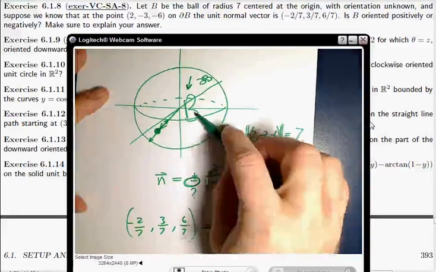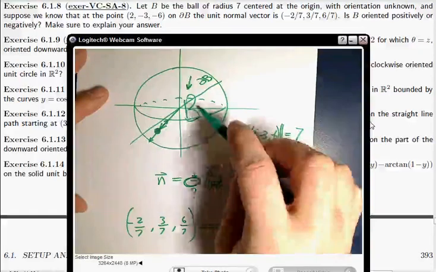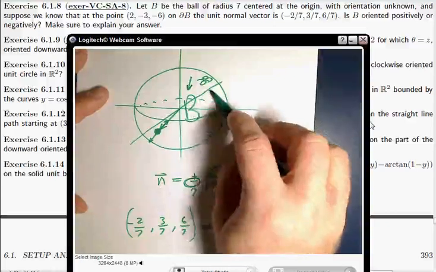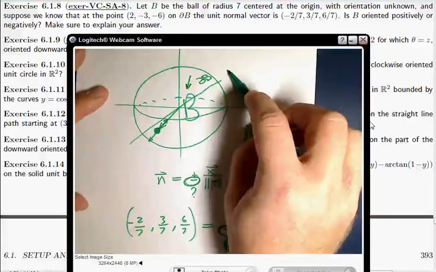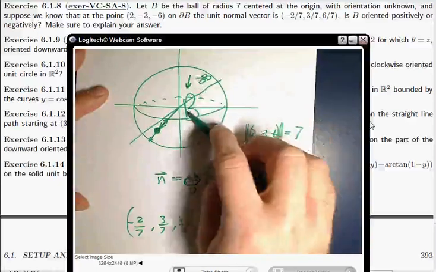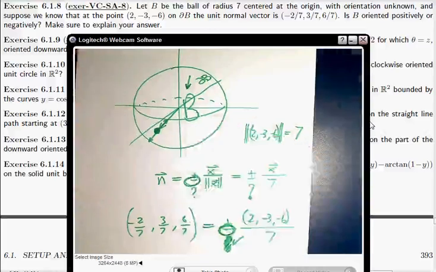I mean, we're trying to figure out the orientation on the solid itself, whether it's positive or negative. If B were oriented positively, its boundary would have to have an outward orientation. And it doesn't. The boundary has an inward orientation, so therefore this ball has to have a negative orientation. Does that make sense? Okay.